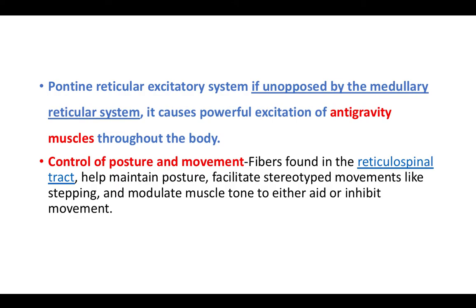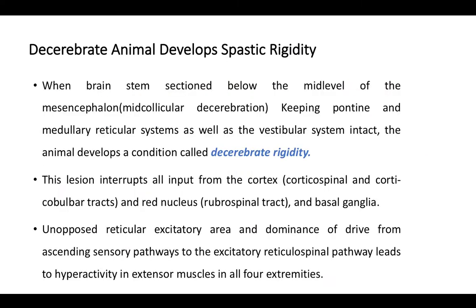So thus we know that the main function of this pontine facilitatory and medullary inhibitory reticular system is to control posture and movement, also facilitate stereotyped movements like stepping, and modulate muscle tone to either aid or inhibit the movement. So I hope it is clear so far.